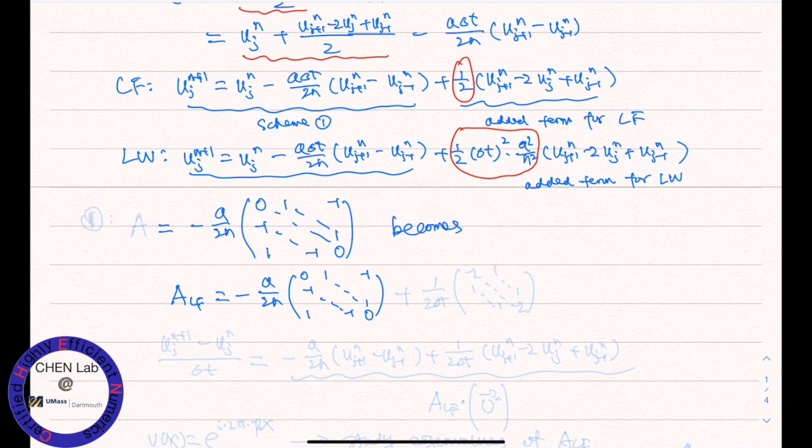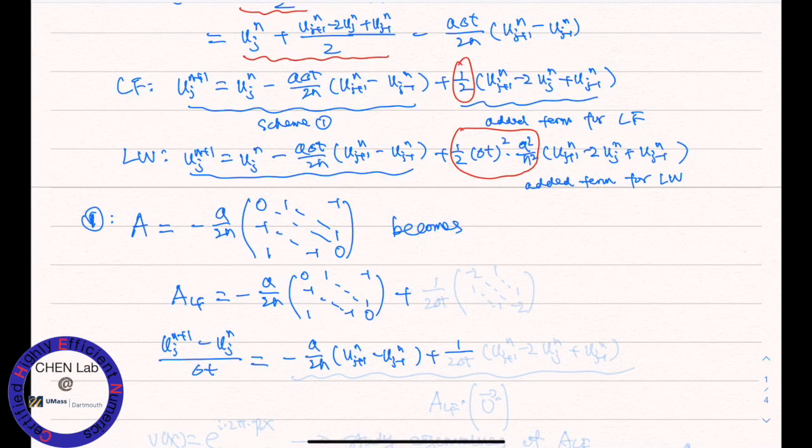So two things. One is about the matrix A. We have 1 over 2 delta t times UJ plus 1n minus 2 UJN plus UJ minus 1n.